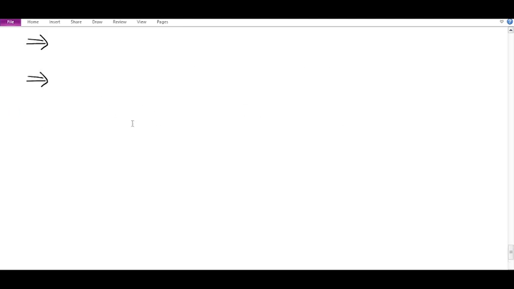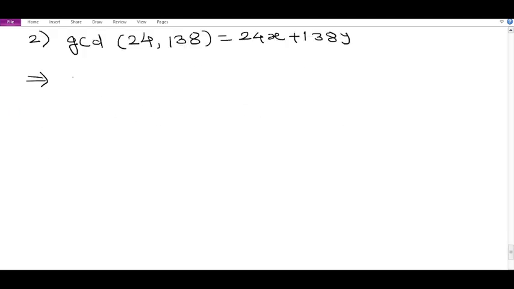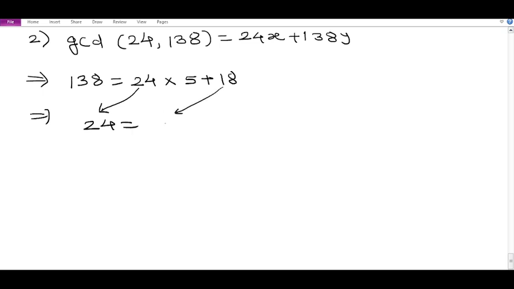So again, here divide the largest element by the smallest element. So 138 is equal to 5 times 24 plus 18. Now divide this 24 by 18.